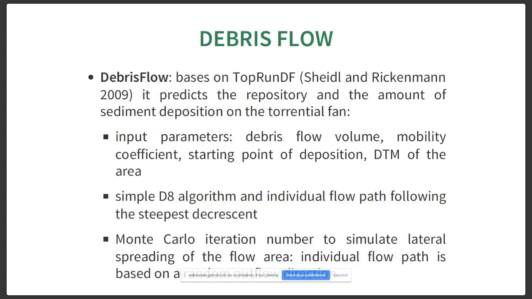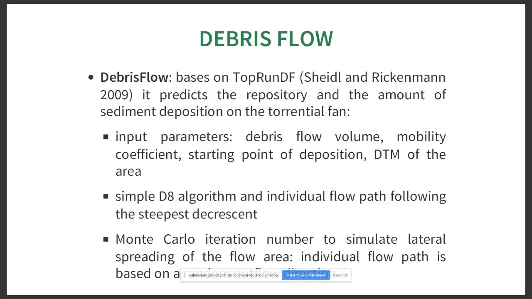It uses a simple D8 algorithm and individual flow paths following the steepest descent flow. And a Monte Carlo iteration number is used to simulate lateral spreading of the flow in the area.